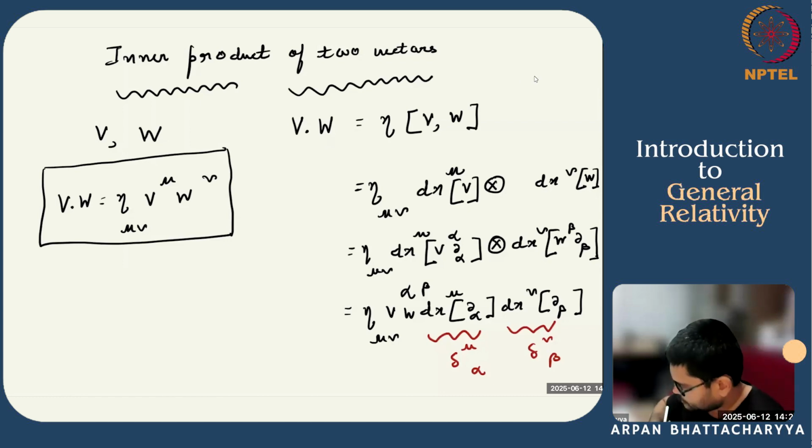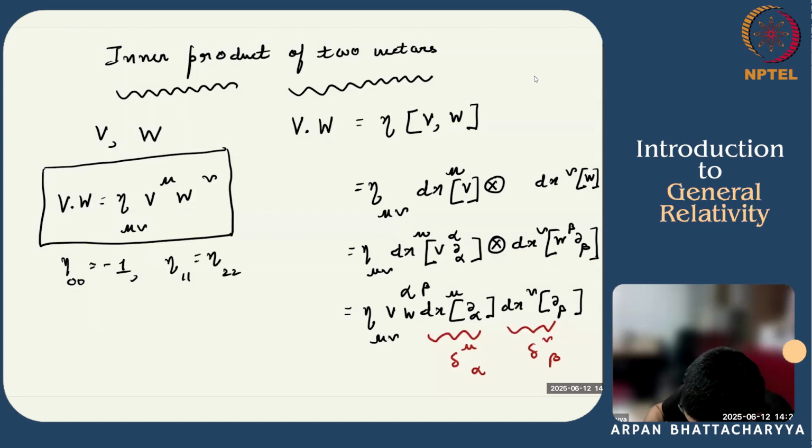So remember that η_00 is -1, and η_11, η_22, and η_33 are 1, and the rest are 0. Let's write this sum explicitly by decomposing it into a zeroth part and the spatial part.